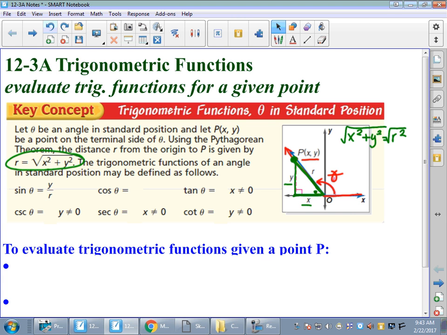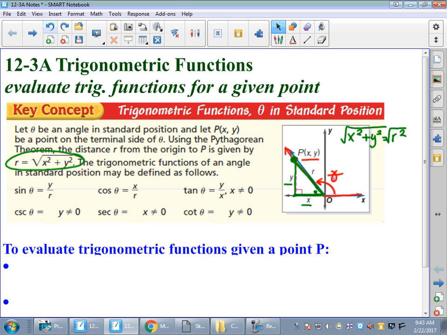If you're trying to find cosine of theta, again, we're going to use the green dot acute angle. That would be adjacent x over hypotenuse r. What's nice about using the triangle is you just go back to right triangle trigonometry. The tangent of that big theta angle is opposite over adjacent, or y over x.